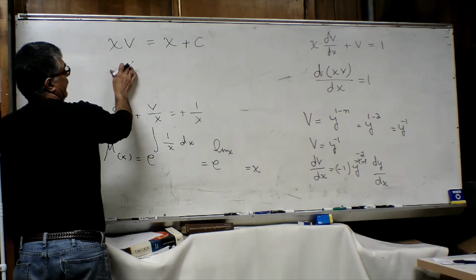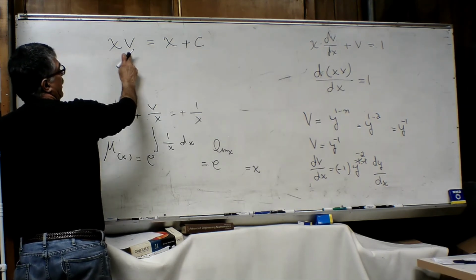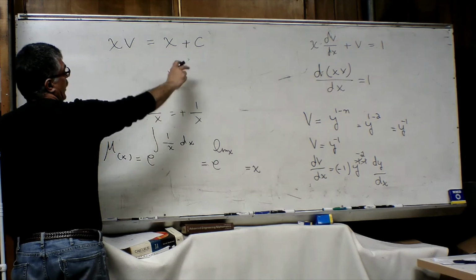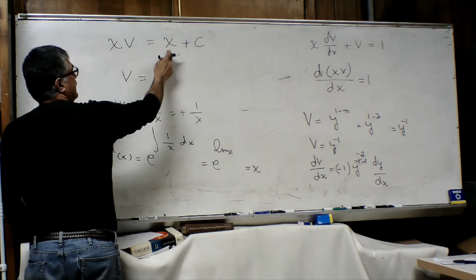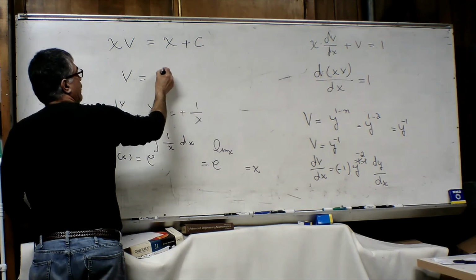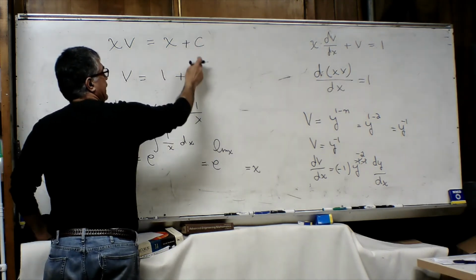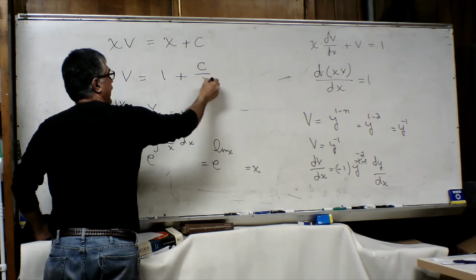So from here, we can solve for v. We got to divide both sides by x. On left side, we will have v, and on right side x divided by x will be 1 plus c divided by x, c over x.